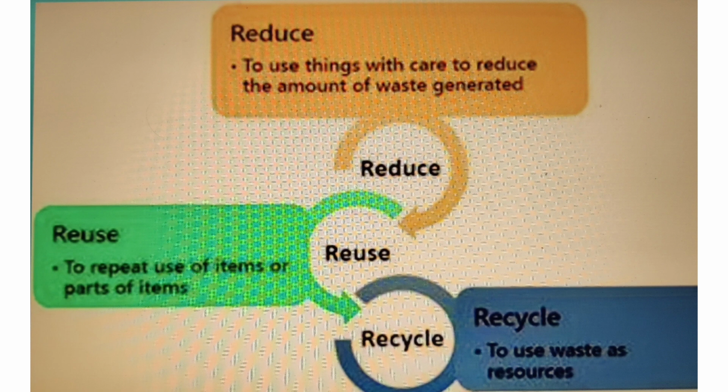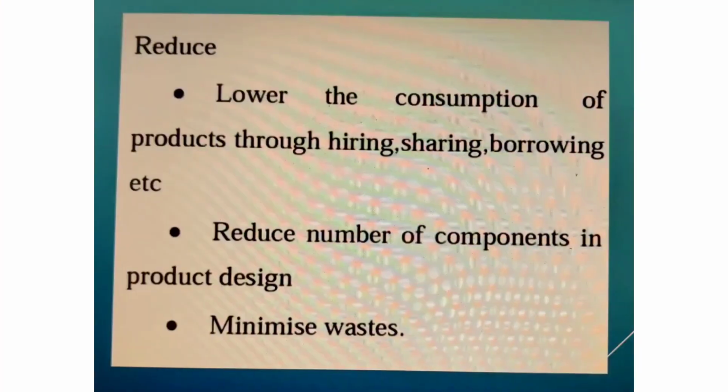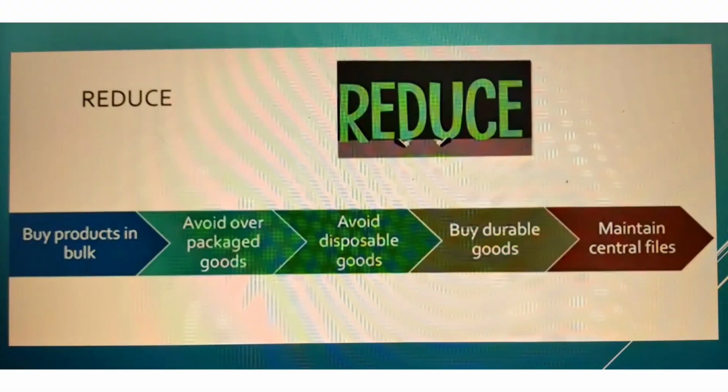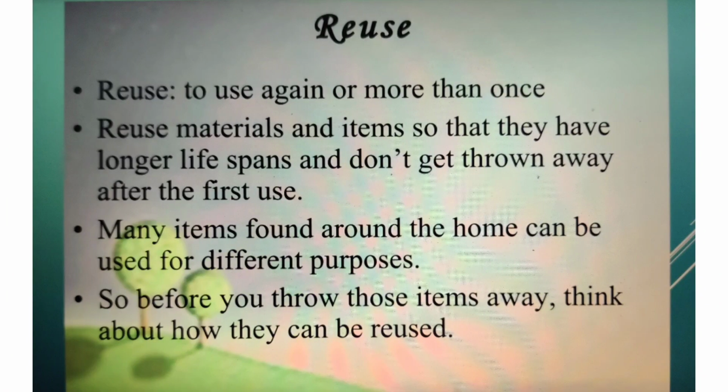Now the second R is related to reuse, to repeat the use of items or parts of items. Reuse means to use again or more than once. For example, instead of throwing away old clothes, we can donate them to local charities or thrift stores. By doing so, we not only reduce the waste but also support those in need.